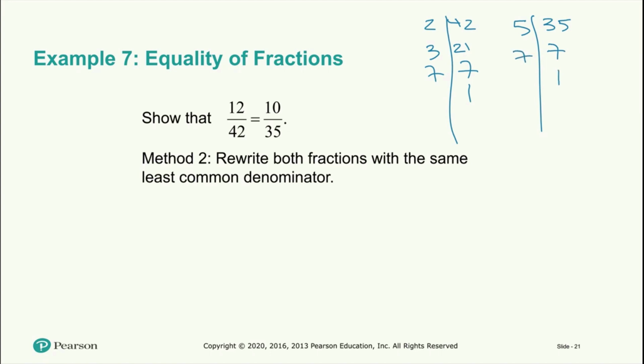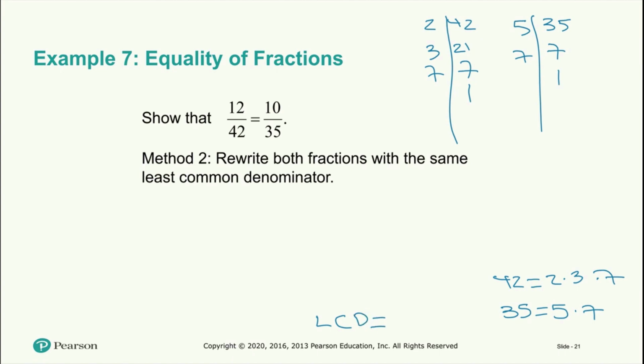So 42 is 2 times 3 times 7, and 35 is 5 times 7. You know that the least common denominator, which is basically the least common multiple of the denominators, we call it the LCD.